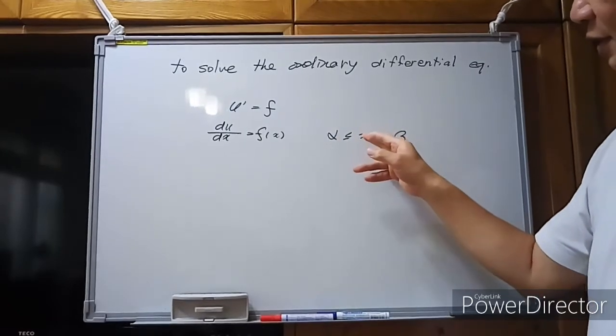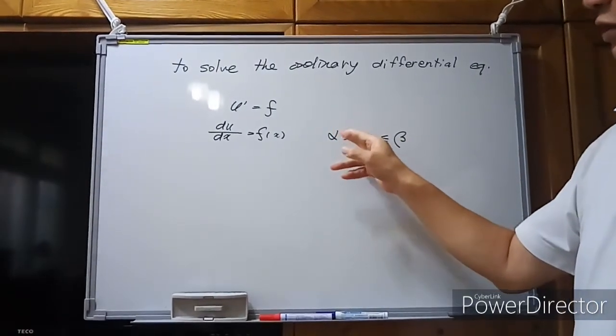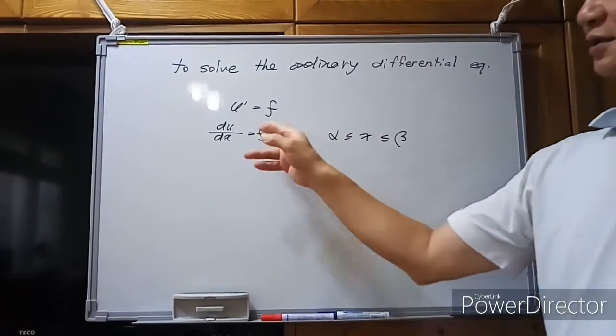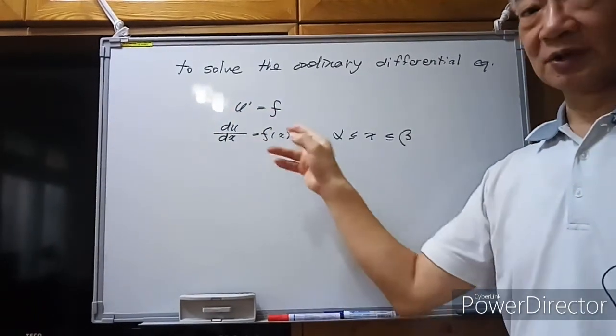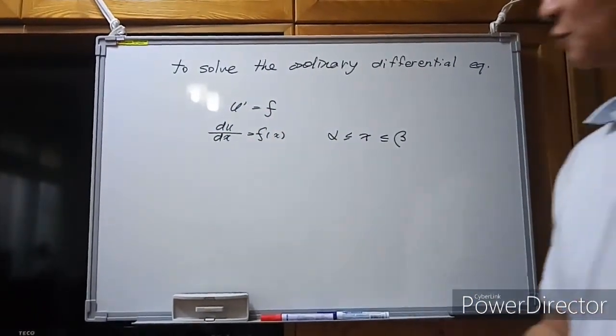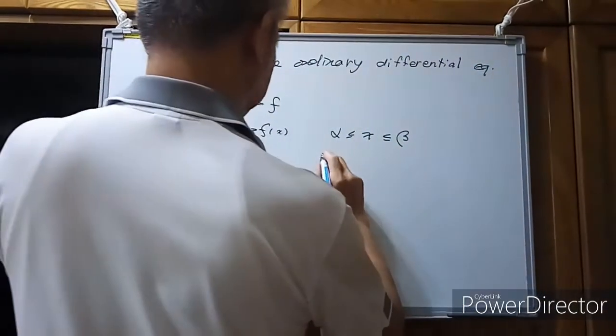For the domain of x, between alpha and beta, we need to satisfy the boundary conditions.